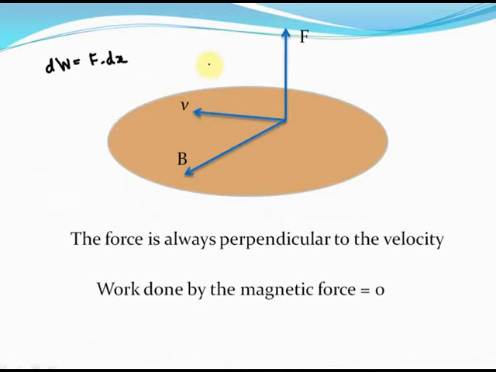If the velocity is in a certain direction, the displacement will also be in that direction at that particular instant, isn't it? And since the force is always perpendicular to the velocity, the force is also always perpendicular to the instantaneous displacement. And so the net work done is zero because the force and the displacement are always perpendicular to each other. Understood? And that is the reason the work done by the magnetic force is zero always.